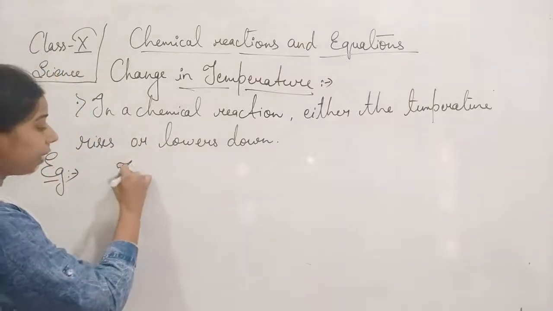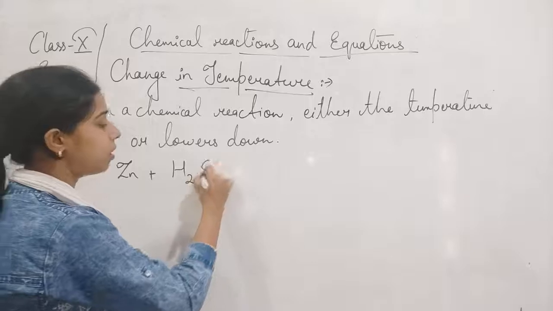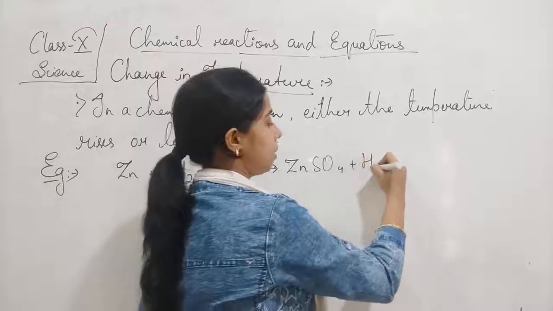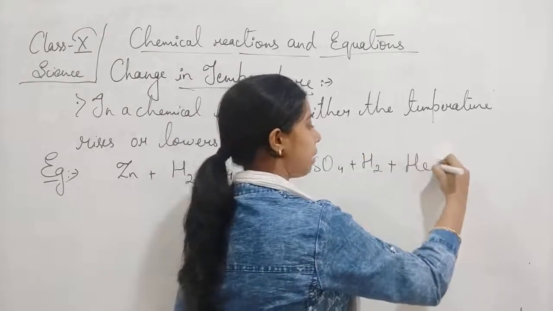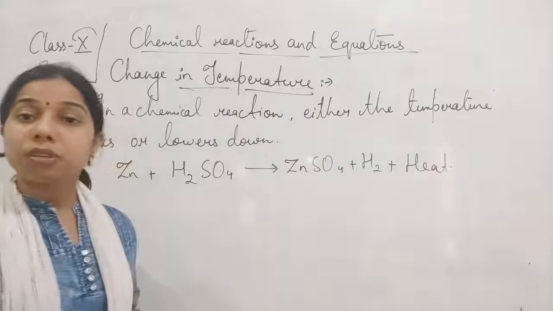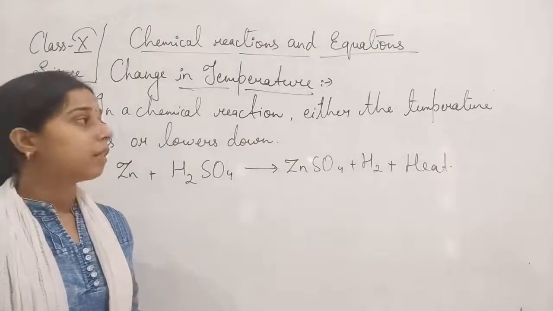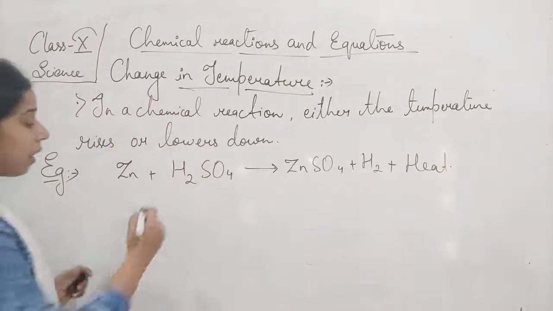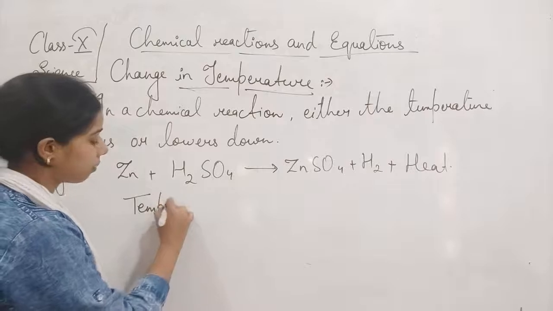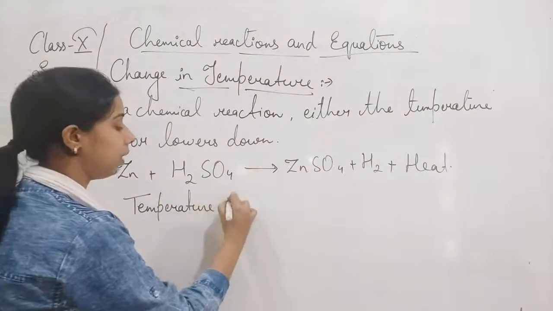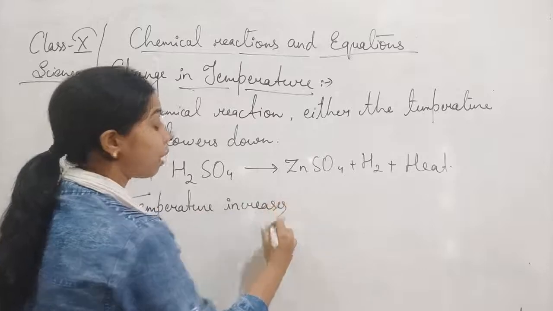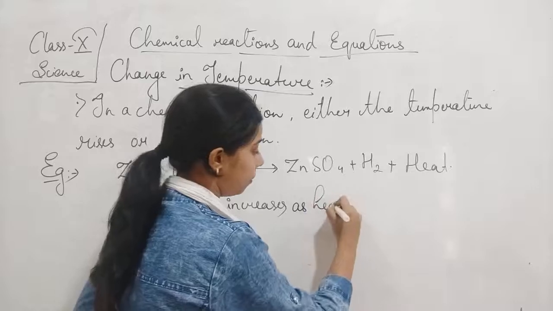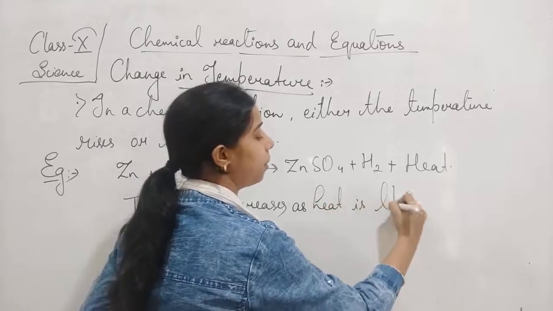So Zn reacts with dilute sulfuric acid, forming ZnSO4 plus hydrogen gas plus heat. This is also an example of the change in temperature. So in both the cases, the temperature increases. How do we come to know about that? Temperature increases as heat is liberated.